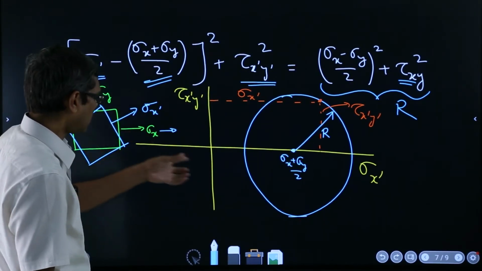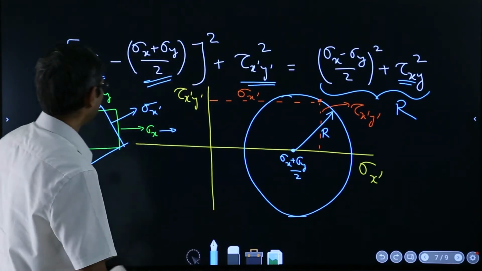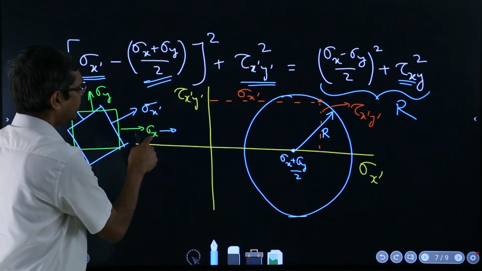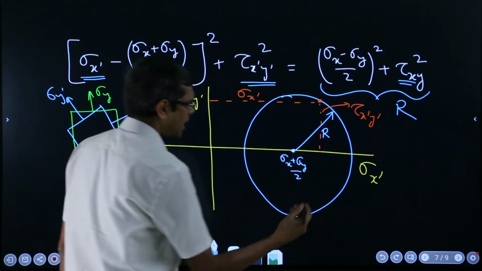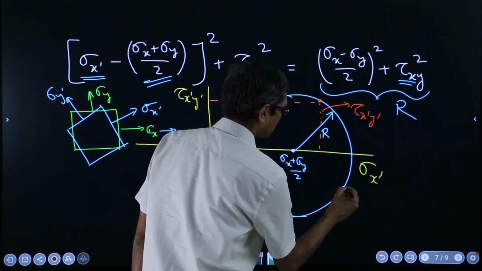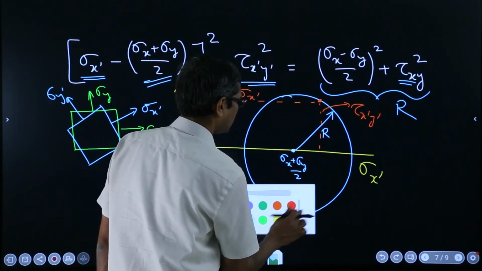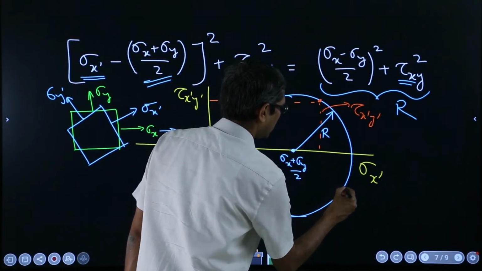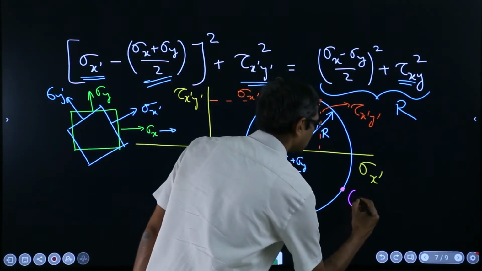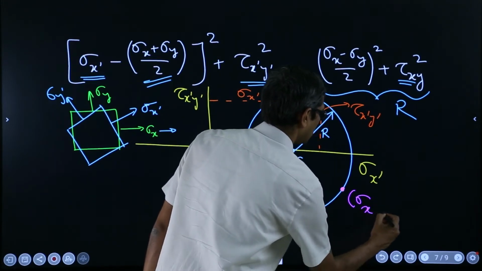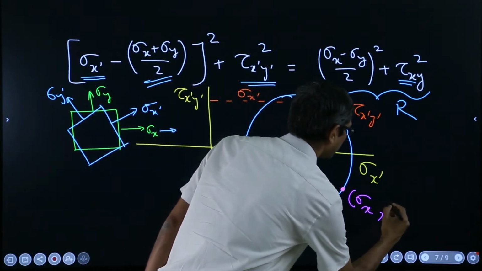So, that means on this circle somewhere this point also will be there, where you will find sigma x and sigma y. Maybe that will come at this point. Let me put that in some other color. Maybe at this point you will find the sigma x and tau xy point.